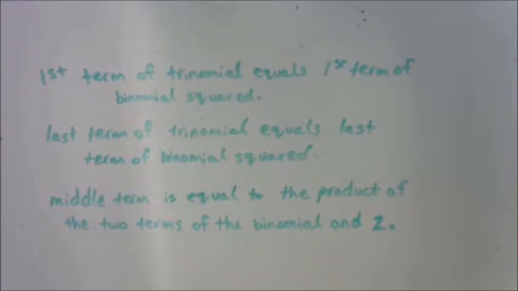It's the product of the two terms of the binomial and 2. So that means you're taking one term of the binomial times another term in the binomial times 2.